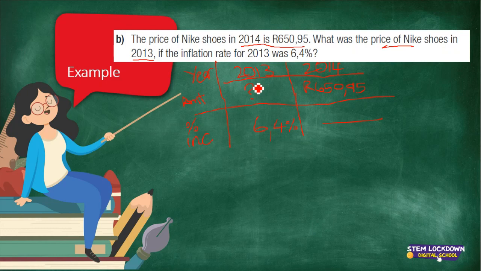What was the price of Nike shoes in 2013? There are 50 seconds remaining, so move as fast as you can. 40 seconds remaining. 30 seconds remaining. 20 seconds remaining. 10 seconds left.